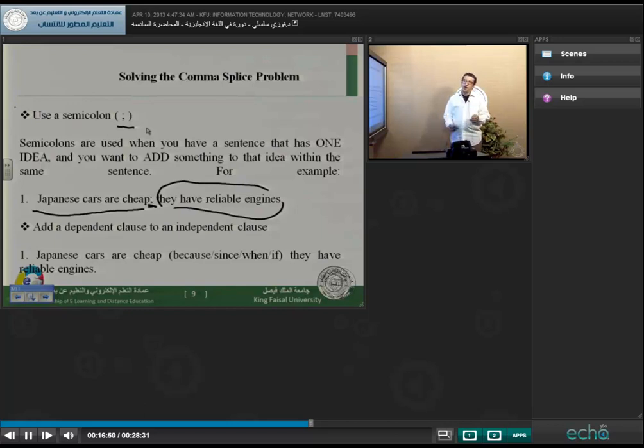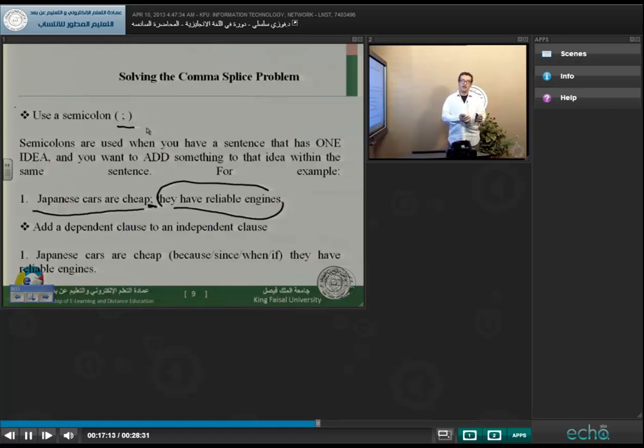A third way of solving the problem of the comma splice is to add a dependent clause to an independent clause, right? We add a dependent clause to an independent clause.